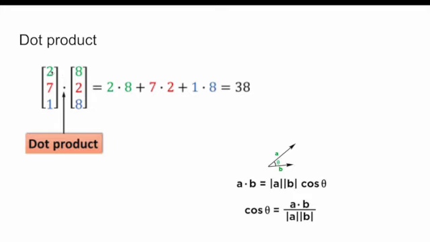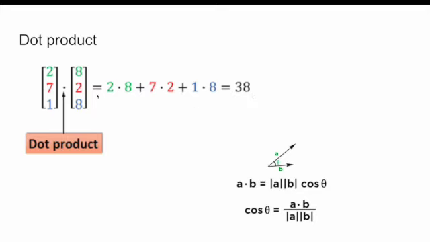So you just multiply the top row with the top row, and add that with the middle row multiplied by the middle row, and add that with the bottom row multiplied by the bottom row for each vector. So here 2 times 8 is 16, 7 times 2 is 14, and 1 times 8 is 8, so 16 plus 14 plus 8, so 16 plus 14 is 30, and 30 plus 8 is 38, so that's our dot product.